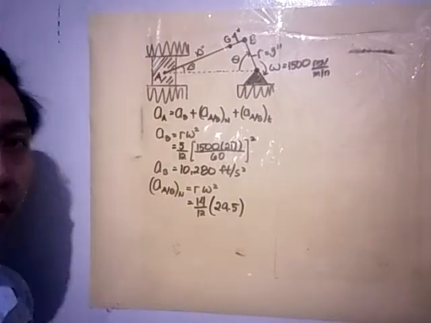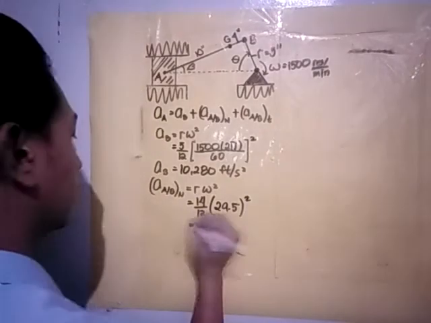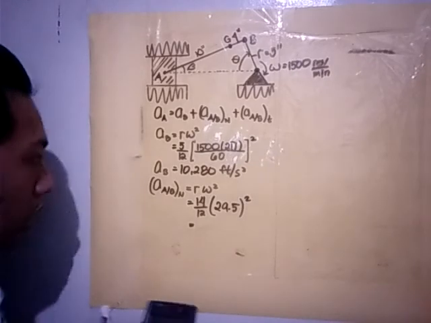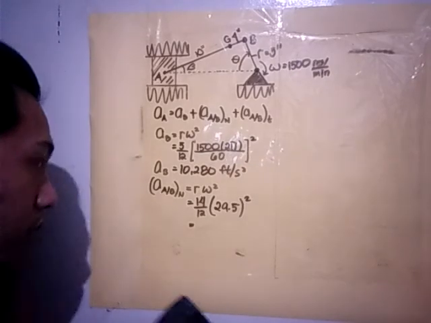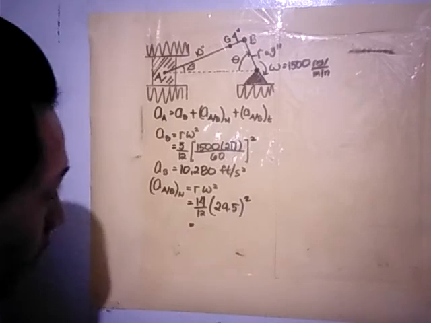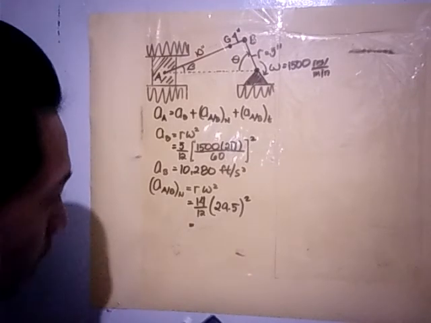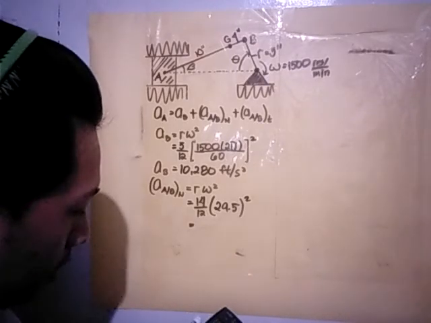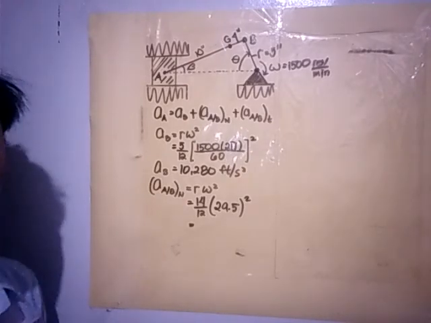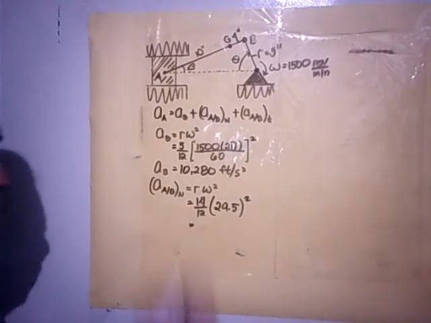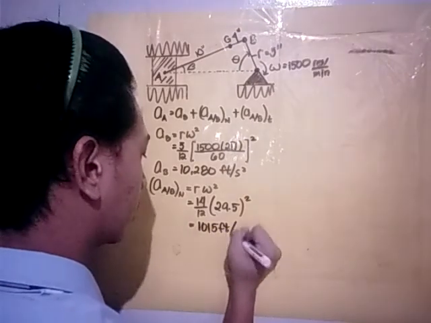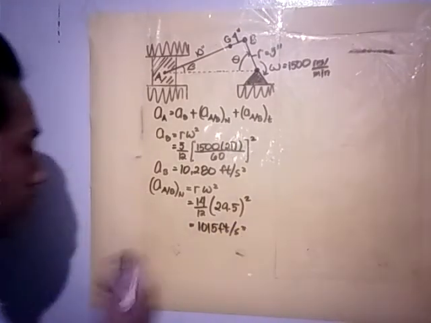So 29.5 squared times 14 divided by 12 is 1015 feet per second squared.